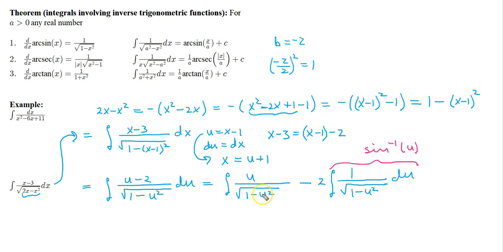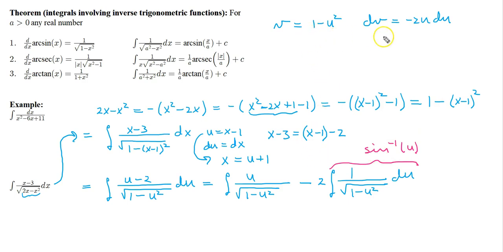Now this one right here is a little trickier. What this one would require, let me give myself a little room up here to explain it, would be another substitution like v equals 1 minus u squared, in which case we would get that.